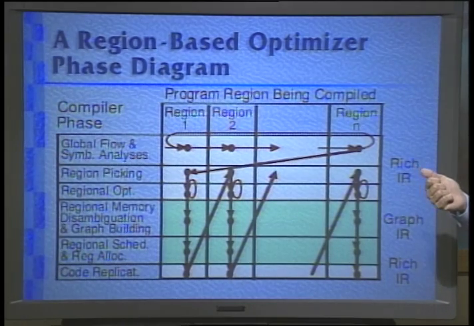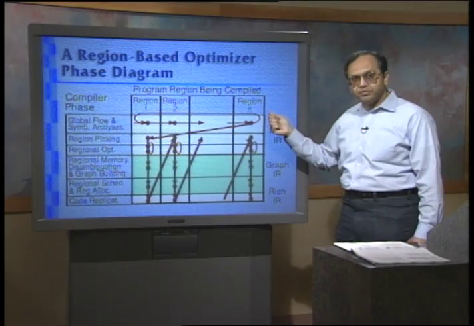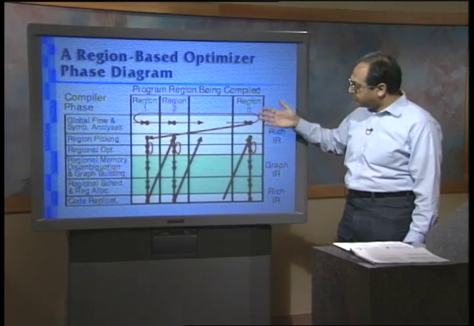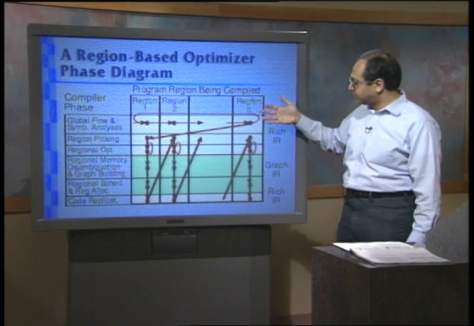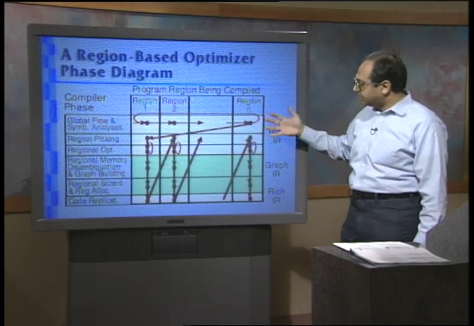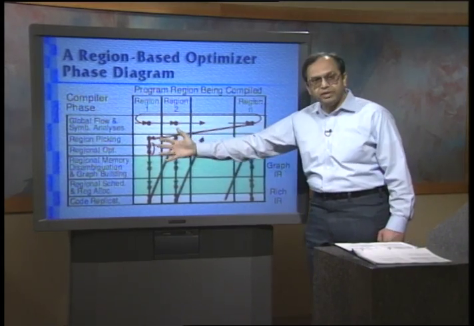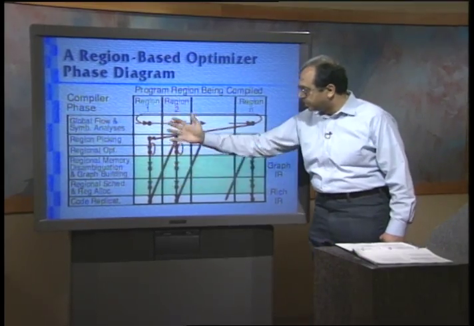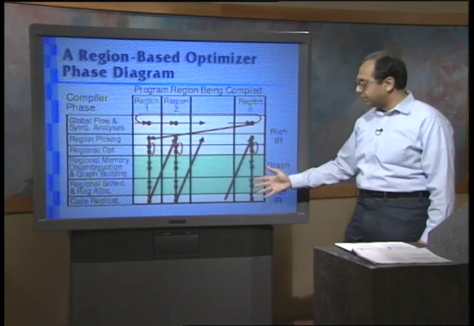And that does lead to the question of whether the same problems that we had with memory disambiguation will resurface. In other words, is the volume of the information that's generated by this analysis so great that it is going to be difficult for us to store it, maintain it, and keep it up to date as the rest of the code goes through these different modifications?